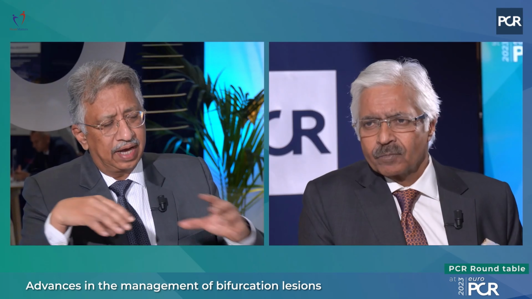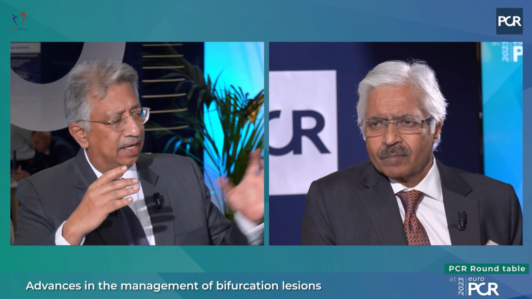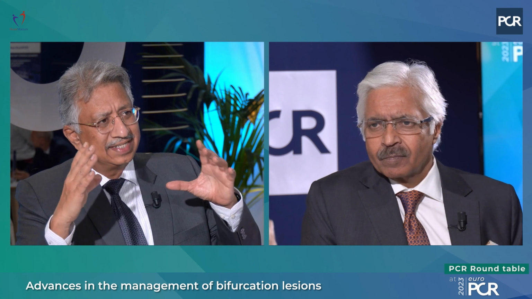Yeah, I do use Supraflex Cruz, and I think there are some distinct advantages to this stent. One is it's got a very unique Z connector, so you get flexibility. And because of this Z connector, and as Dr. Rishi was saying, you get a cell size, an area that's generally larger than other stents. So you have greater access to your side branch.